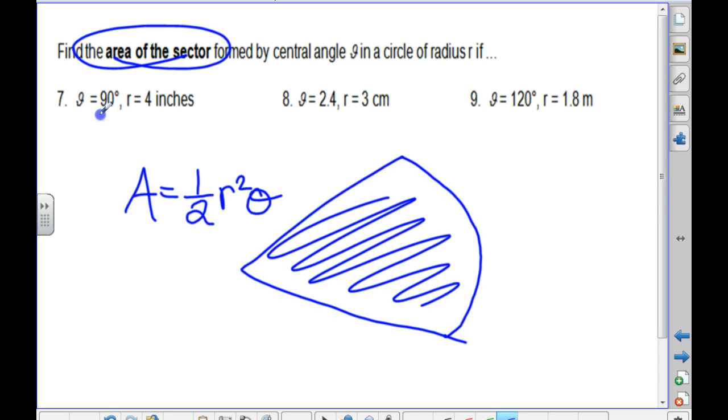So you need to make this one 90 pi over 180, which is also pi over 2. So for this one, we do 1/2 times 4 squared times pi over 2. Somebody type that in real fast. I just want to do one of these for you.